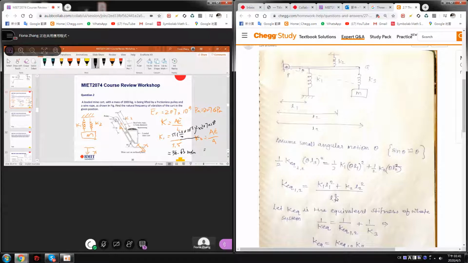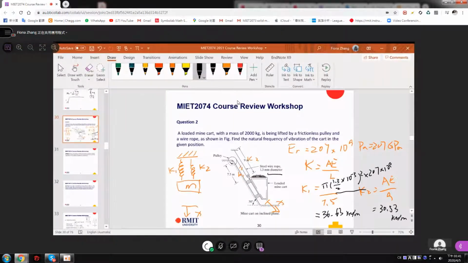So this is bigger, this smaller, 30.53 kilonewton per meter. Okay. So here you can see that these two springs are in a parallel position, right? So the equivalent K is K1 plus K2 for parallel springs.